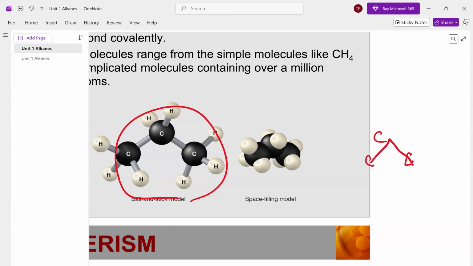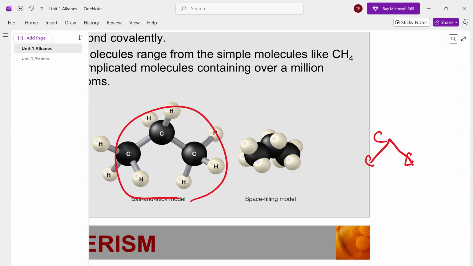So in this case, we have 3 carbons. So we have one in the beginning, 1 kink in the middle, and 1 at the end. So when we're dealing with carbons and hydrogens, we only want to use line drawings.